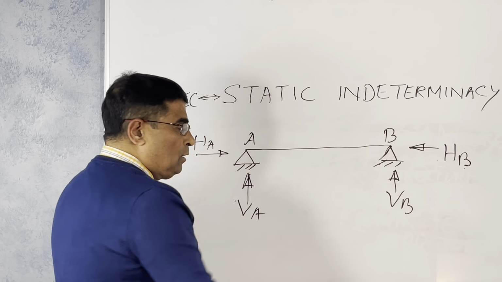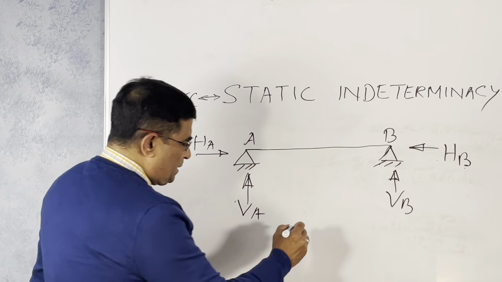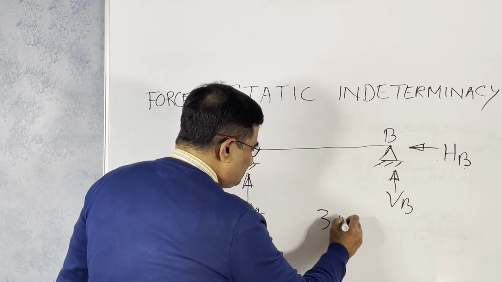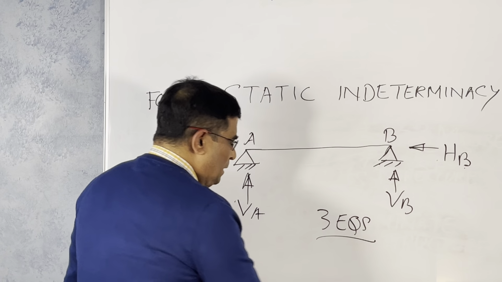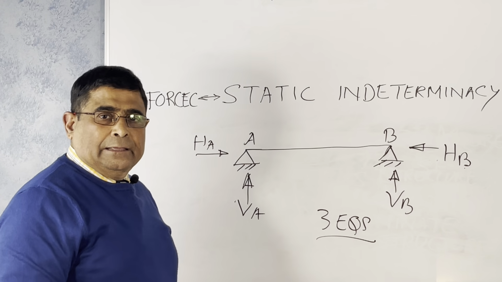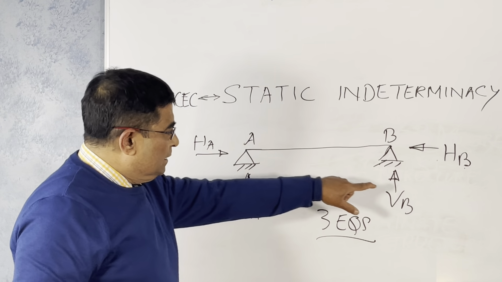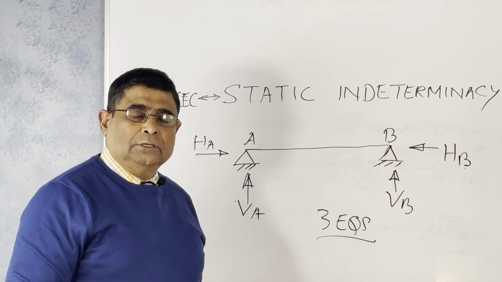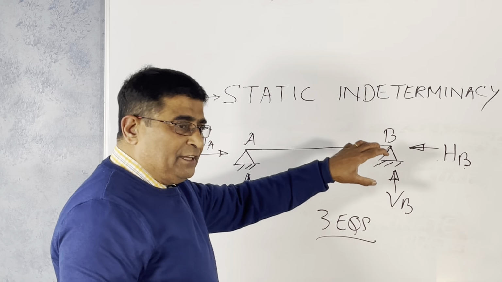So 4 unknowns, and we have got 3 equations. In ordinary cases, we cannot easily find the 4th unknown. So this is the indeterminate structure.